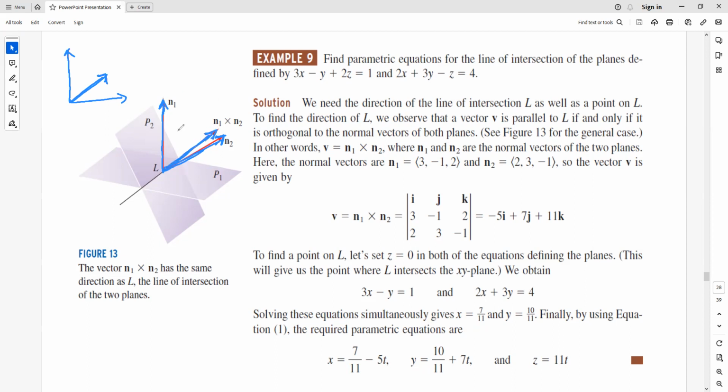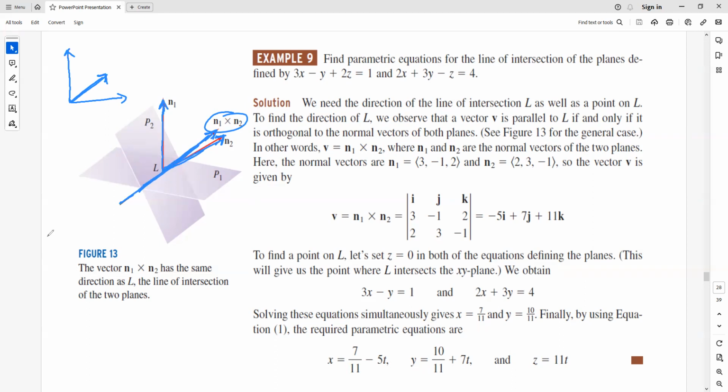So by using the cross product, we will get this vector that is parallel to the line. This vector falls on the line, which means it's parallel to the line because it's collinear to the line.